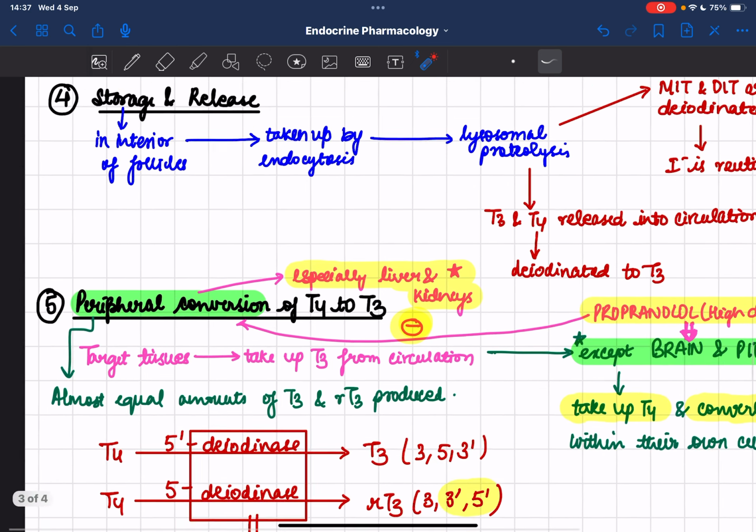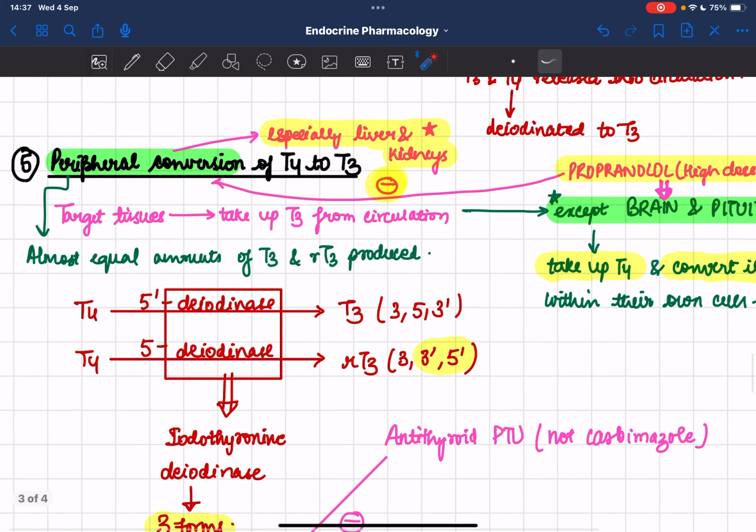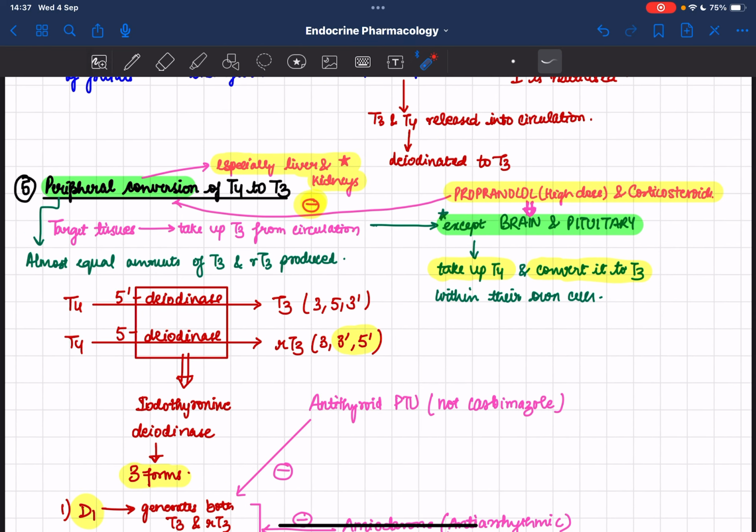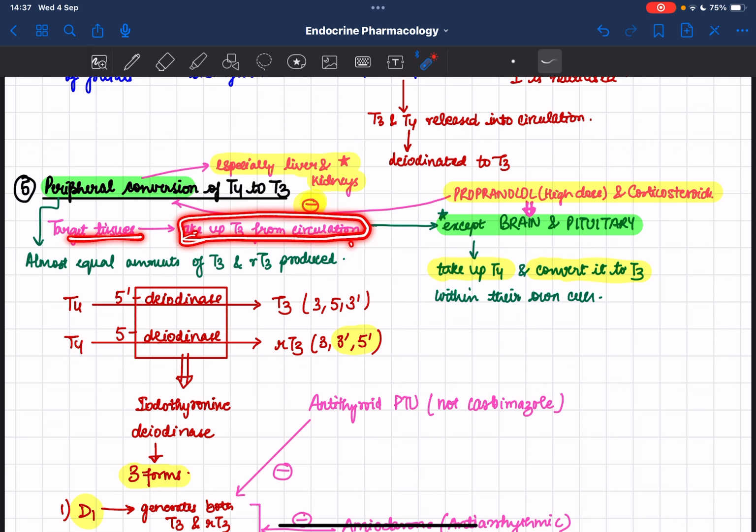Now coming to peripheral conversion, that is very important. We have a ton of things to cover here, and please look at this part because this is important. In target tissues, they will always take up T3 from circulation. They do not take up T4. That is why T4 is converted to T3 peripherally.